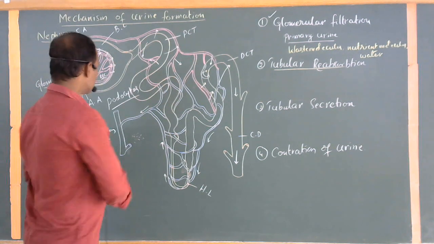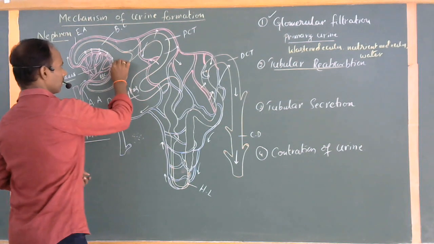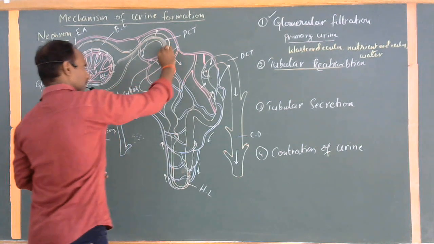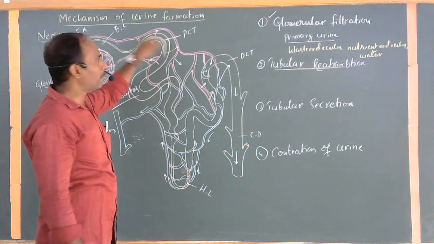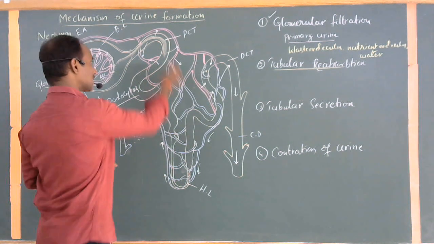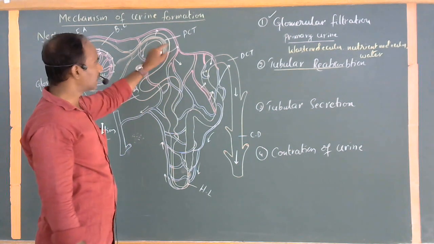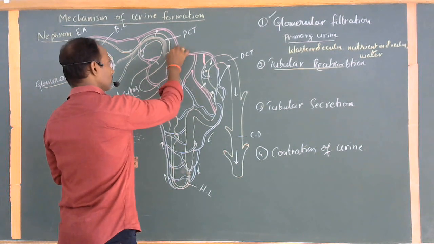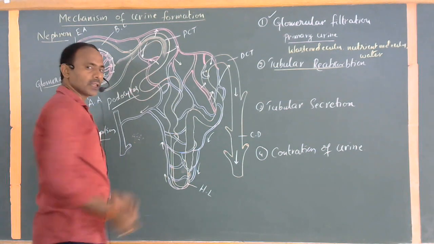The PCT receives the primary urine. Some components in the primary urine, which are useful to the body, are reabsorbed. Here, the arrow marks indicate movement from the PCT to the peritubular capillary.